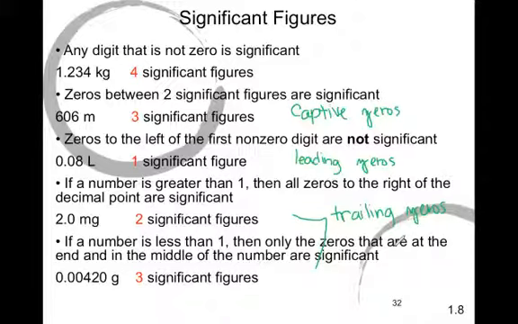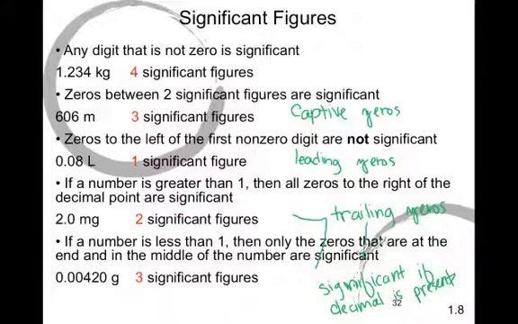If there's a decimal point in that number, trailing zeros are significant.